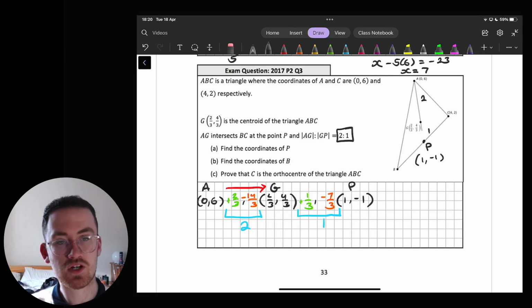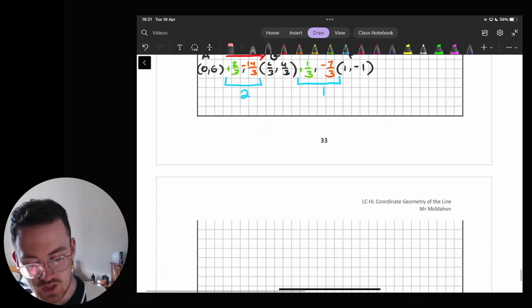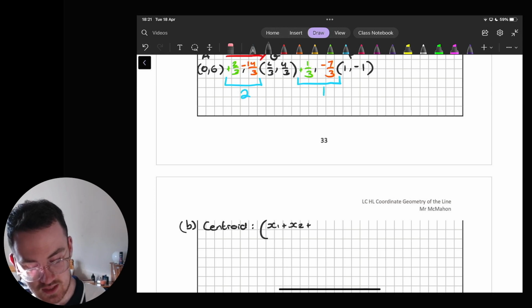Looking then at part B, we're asked to find the coordinates of B. So we know what the centroid is, so let's use that formula. My centroid is (x1 plus x2 plus x3)/3, (y1 plus y2 plus y3)/3.